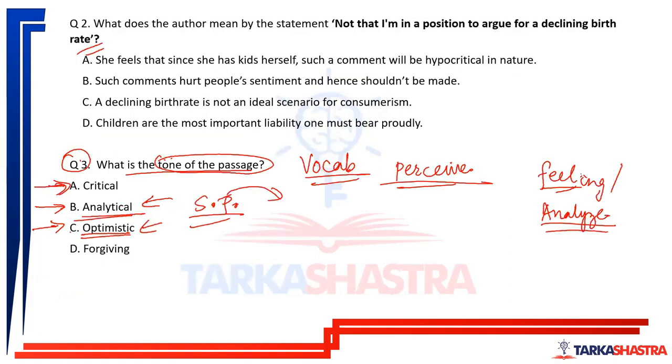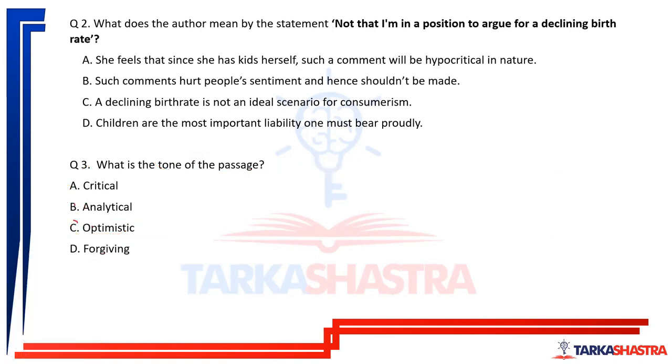So she is not very optimistic regarding things. Is she forgiving? There is not anything that she has to forgive, rather. So there is no situation which will say that the author is forgiving someone. So we can say that the best bet is B. Okay, the best bet is B.